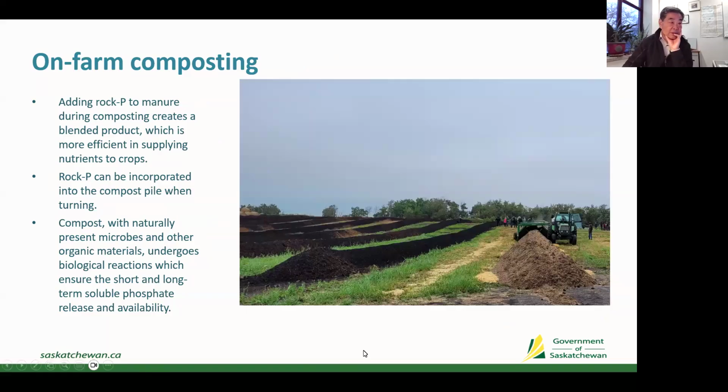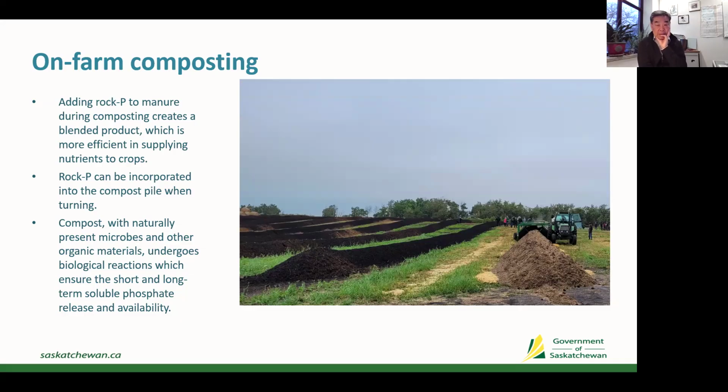One approach a farmer could take to increase P availability from rock P is composting. Some research has found that adding rock P to manure during composting creates a blended product that is more efficient.